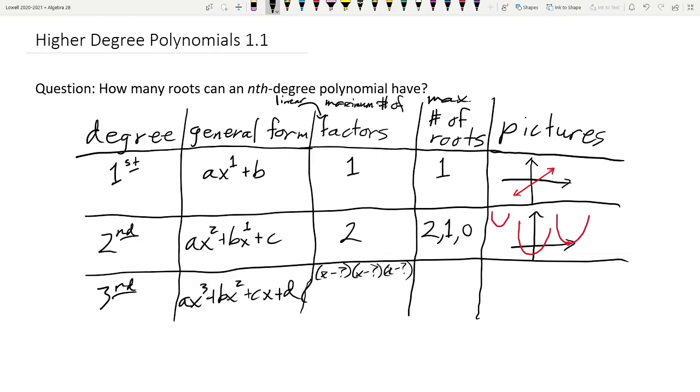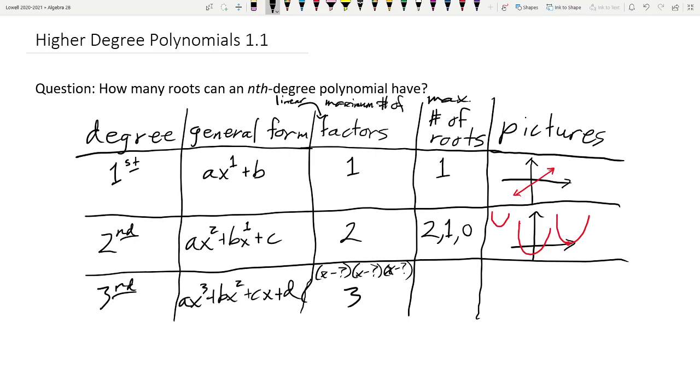At most, there are going to be 3, because you'll have x times x times x to get your x cubed. So there will be 3 factors at most. Again, that would assume that this thing is absolutely, completely factorable. And we've seen problems like this.